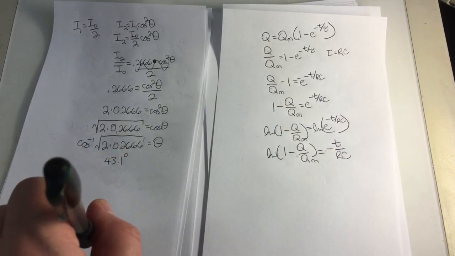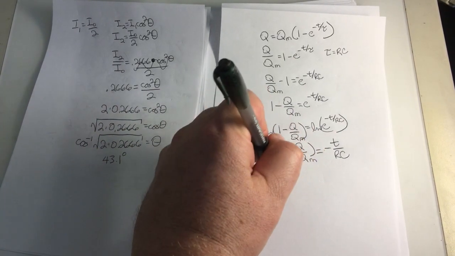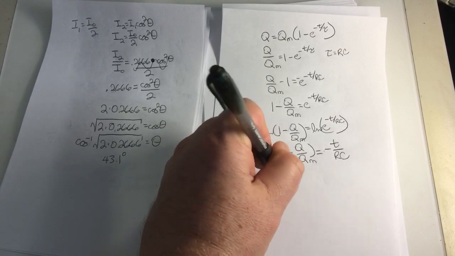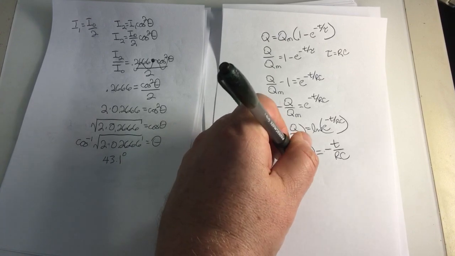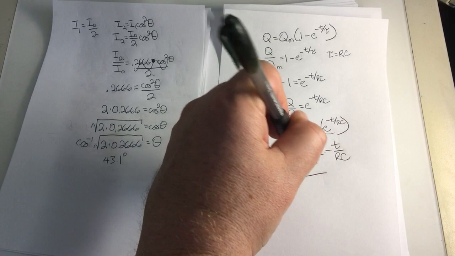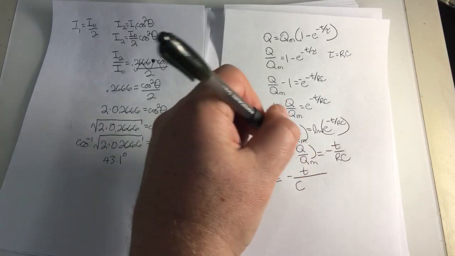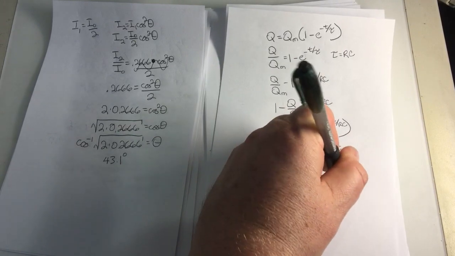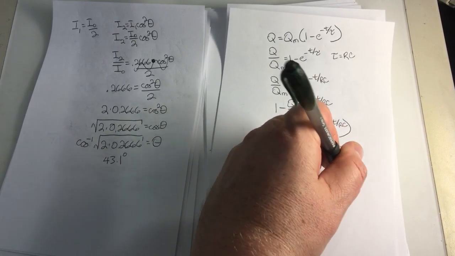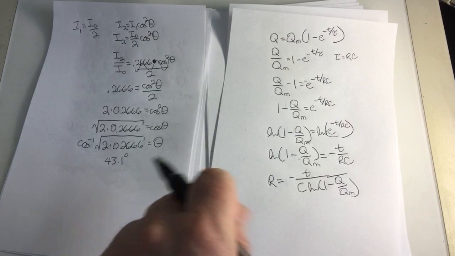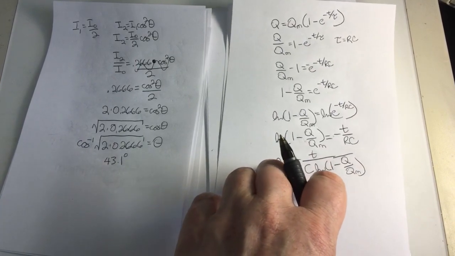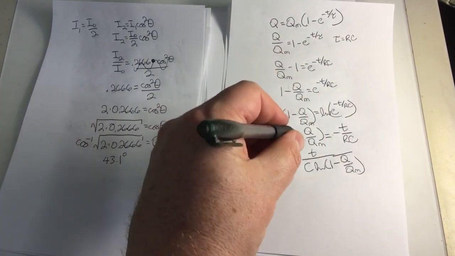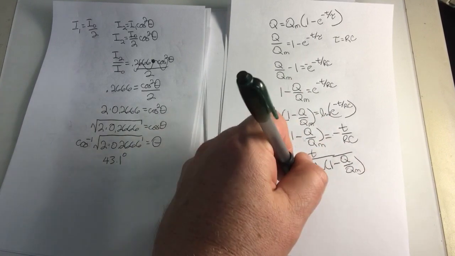The whole goal of this is to find R. Solve for R. R equals negative t over C times the natural log of 1 minus Q over QM. And I get that. Now it's time to plug and chug.